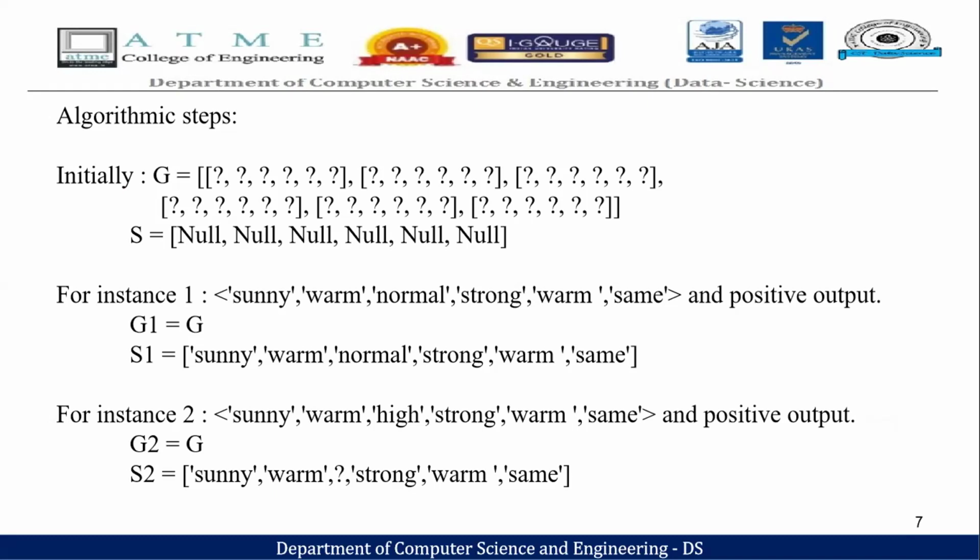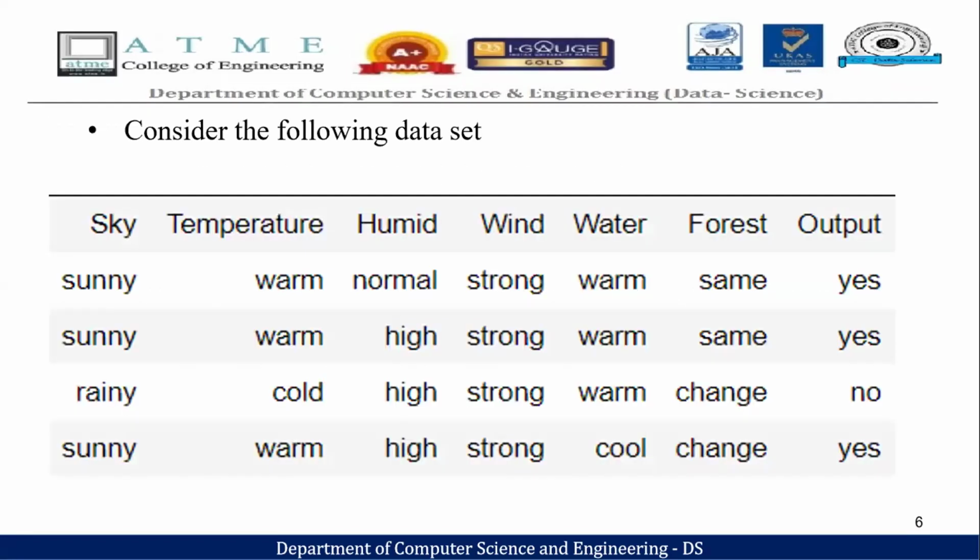Again, you take up instance 2. Here also, you have a positive output. You should only check with the specific hypothesis. According to this, see, both are sunny and both are warm. Temperature in the first example is warm, and in the second example also it is warm.